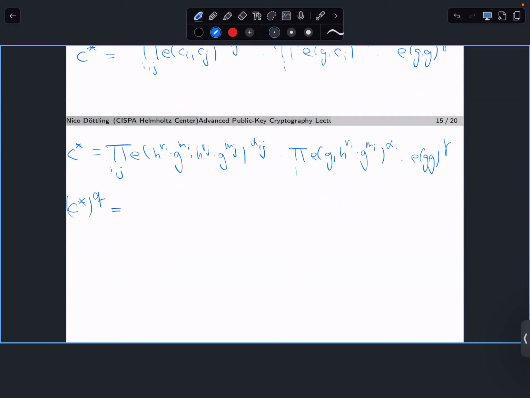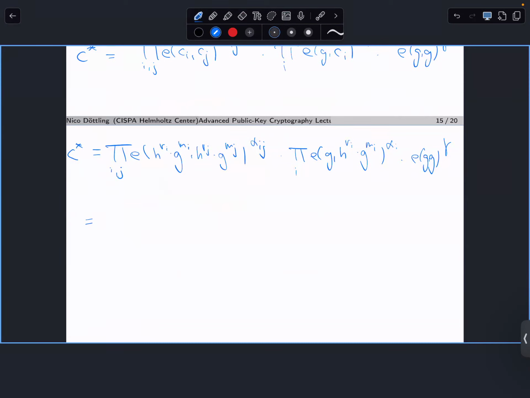Let me think if this is a good idea. Actually, no. I think doing it step by step will be more insightful than jumping ahead here. Good, let's do this step by step.